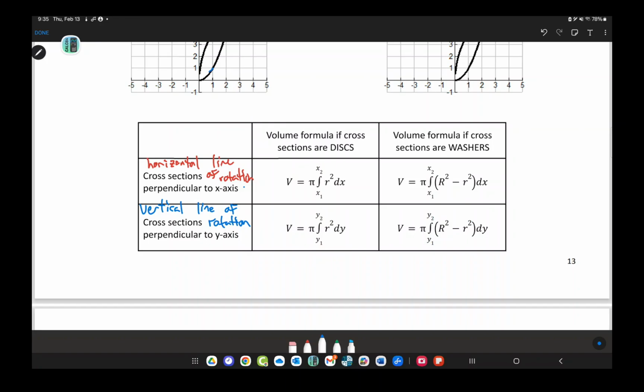Big R is furthest from the line of rotation, specifically what you're rotating around. Whatever is the furthest from where you're rotating around is your big R.